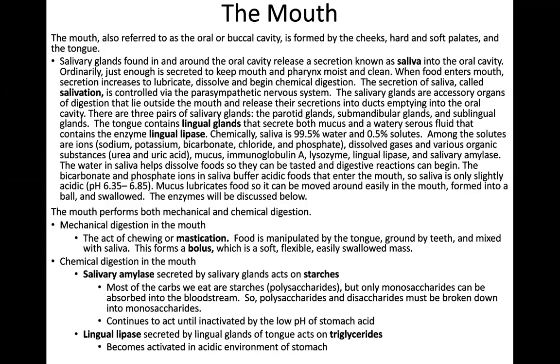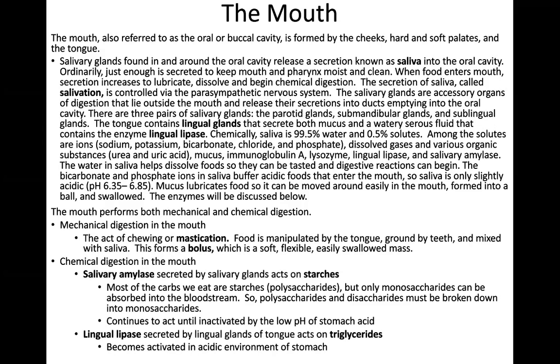Associated with our mouth are salivary glands. We have them both inside our mouth, within the oral mucosa, but we have kind of more important ones located outside the mouth that have ducts that carry the secretions of saliva into the oral cavity.